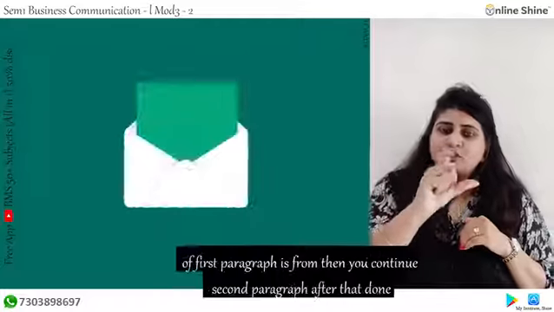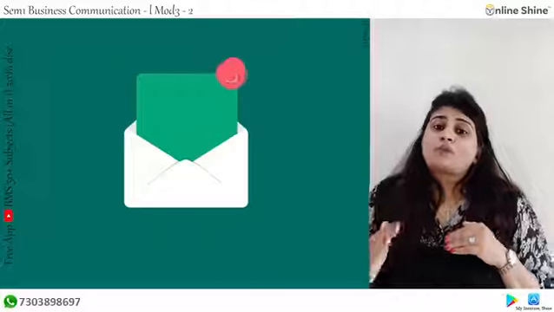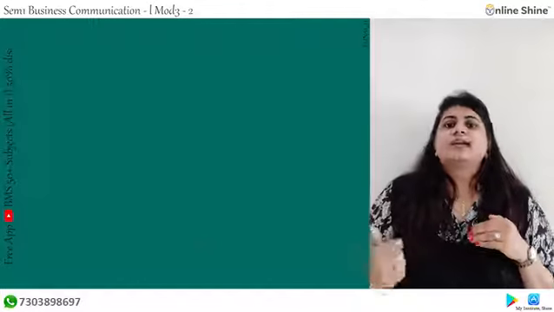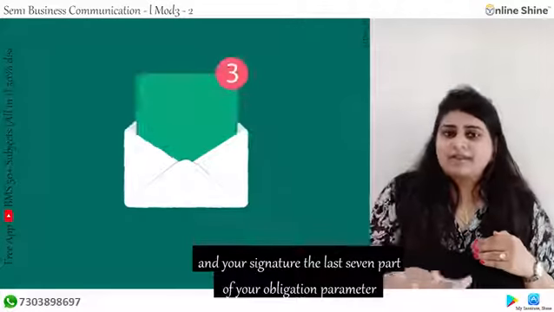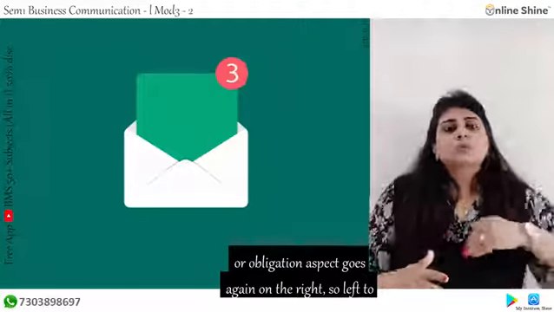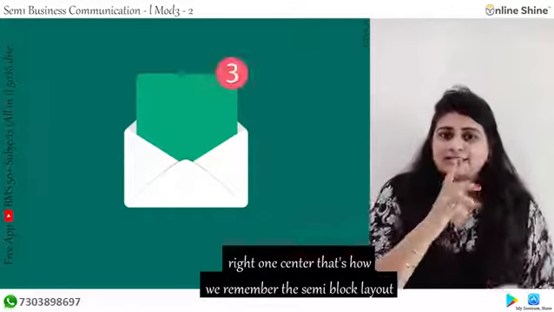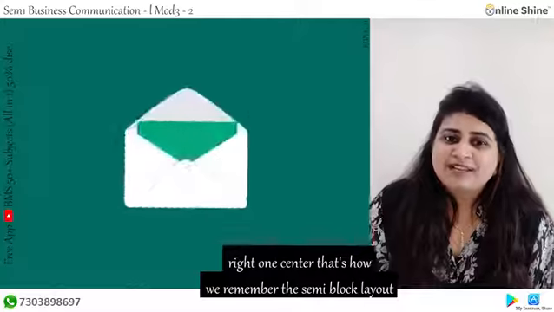Wherever the full stop of the first paragraph is, from there you continue the second paragraph. After that's done, your complimentary closure again goes on the left, and your signature, the last 7th obligatory part, goes again on the right. So left to right, 1 center. That's how we remember the semi-block layout.